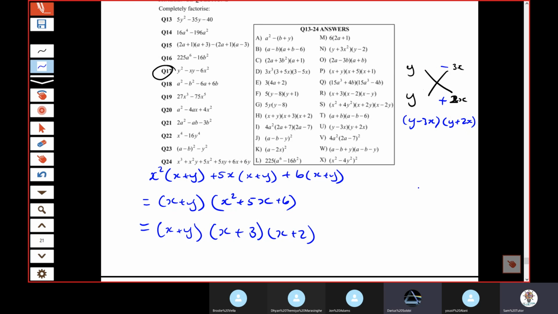Sam? Yeah. Why wouldn't that PSF one work for that question? It just doesn't work, I guess. I don't know it very well. Is it because there's like a square in the last term? Yeah, the way they taught, it's meant to be just numeric. So it's meant to be like 40 times 5 is 200, and then you're meant to work out what 2 numbers multiply to give you 200, which is 2 and 100, like 4 and 50, and so on, until they can subtract or add to get you 35.